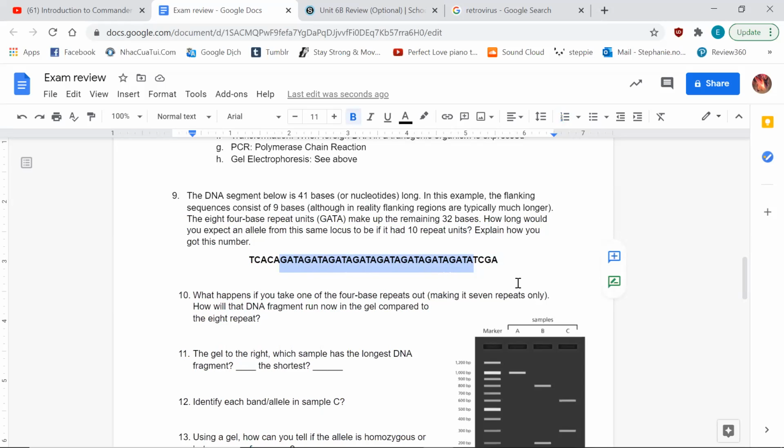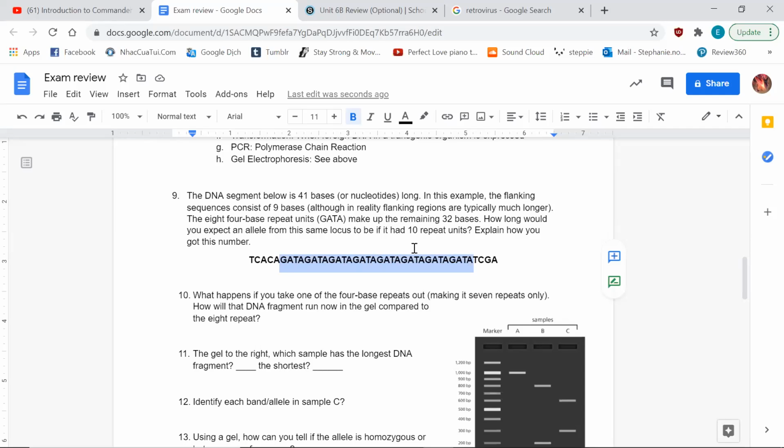So to do this question, which I'm sure some of you don't know how to, the ends consist of 9 bases: 1, 2, 3, 4, 5, 6, 7, 8, 9. Now, inside there are 8 four-base repeat units: 1 unit, 2 units, up to 8 units.